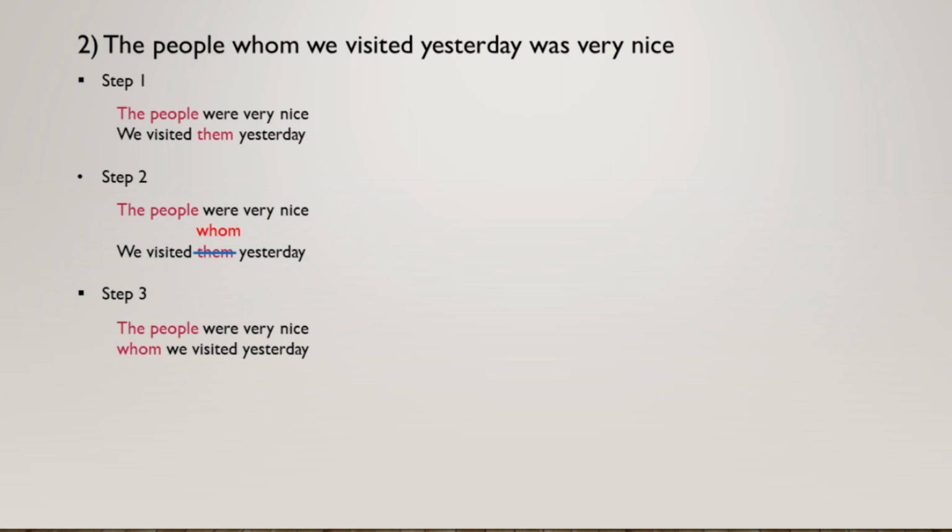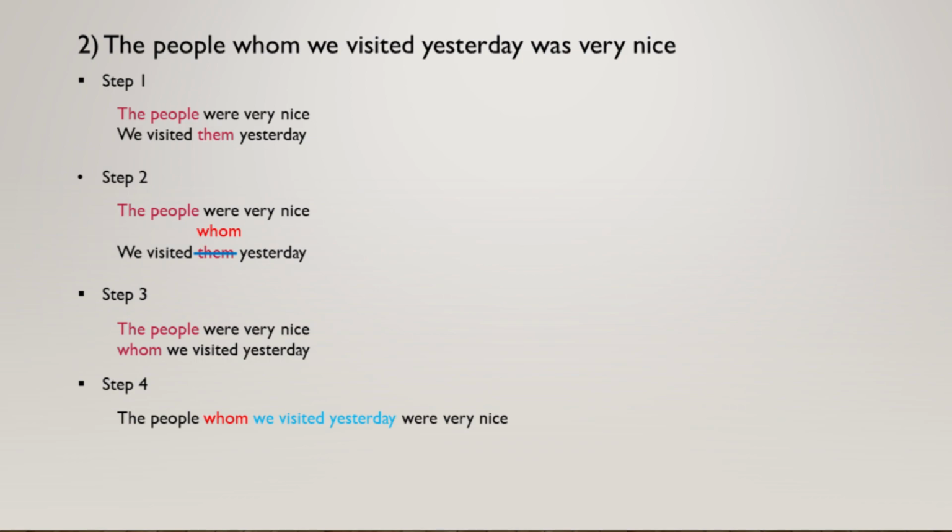Whom we visited yesterday. Now the second simple sentence is an adjective clause, and place it immediately after the noun you are describing. And the sentence becomes, the people whom we visited yesterday were very nice. Whom we visited yesterday is an adjective clause which describes the people. Let's analyze the sentence.